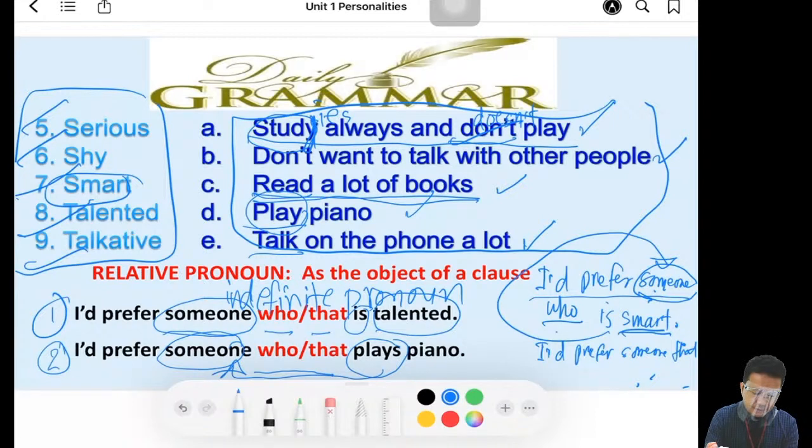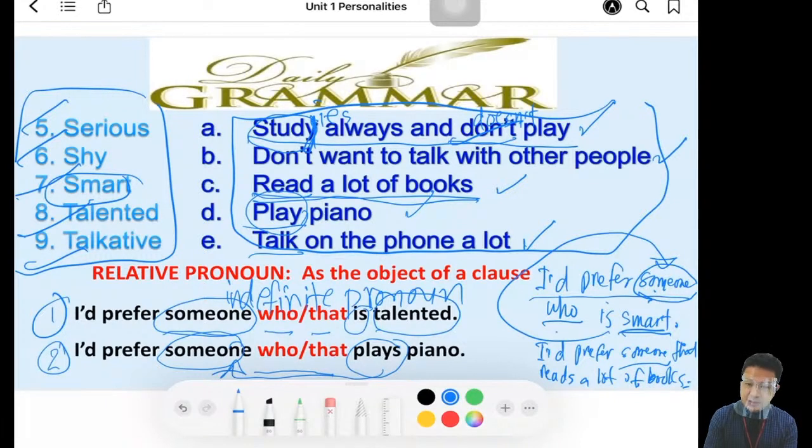If the pronoun is followed by a main verb or action word, you have to add s to the main verb because someone is always followed by a singular verb. Since we have here read a lot of books, we're going to use reads. We are going to add s. A lot of books. So easy.